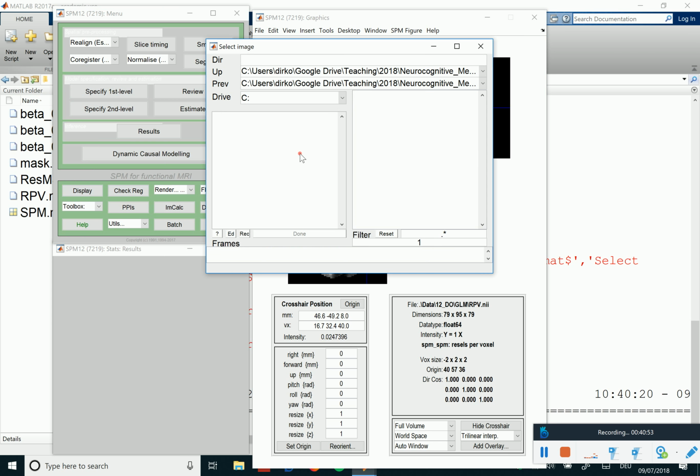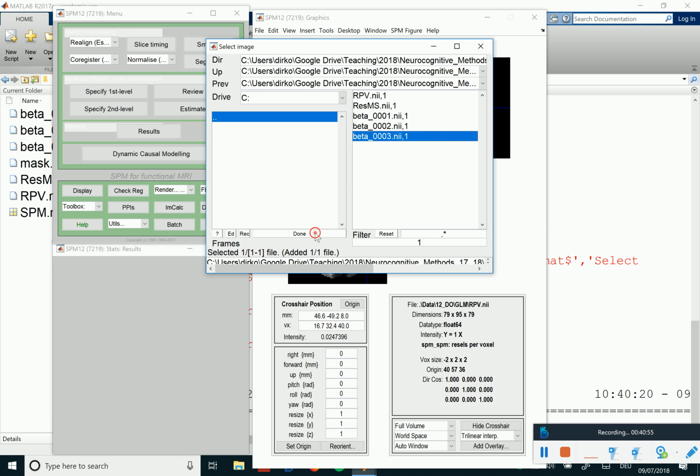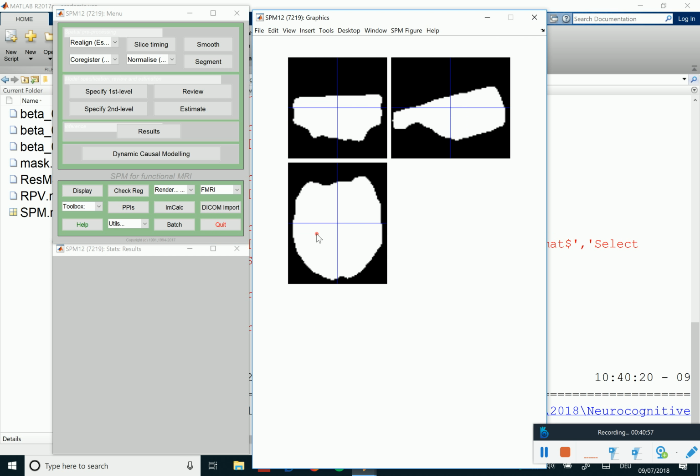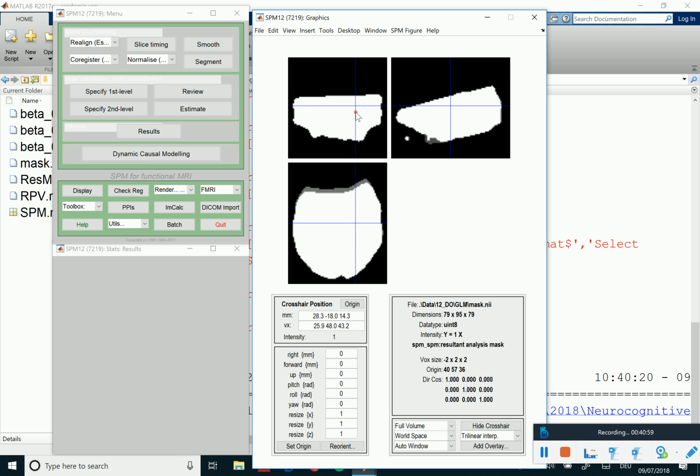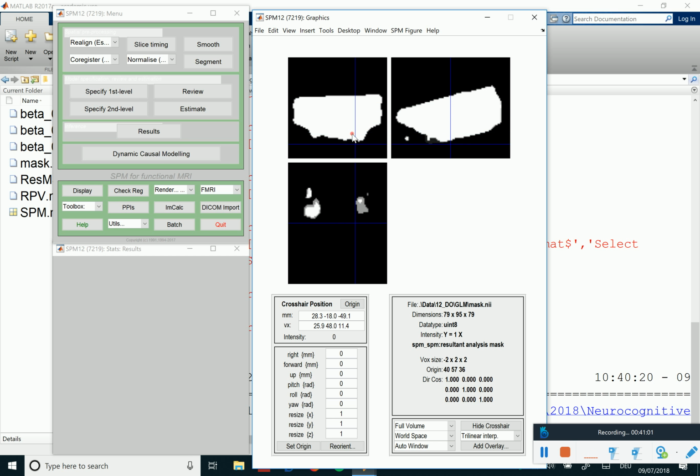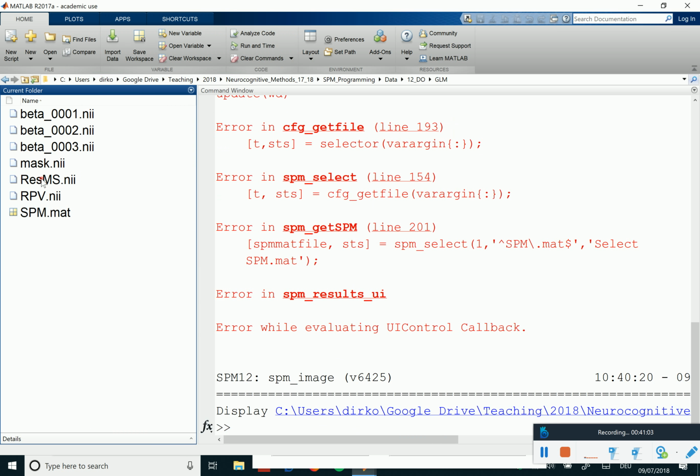And there's some mask. What is the mask? That's just essentially the brain mask. So these are the images that are created: brain mask, variance estimates. No, wait, this is not that easy. So this is the residual sum of squares. Where are the variance components? I think they might also be in the SPM MAT file. Not clear.